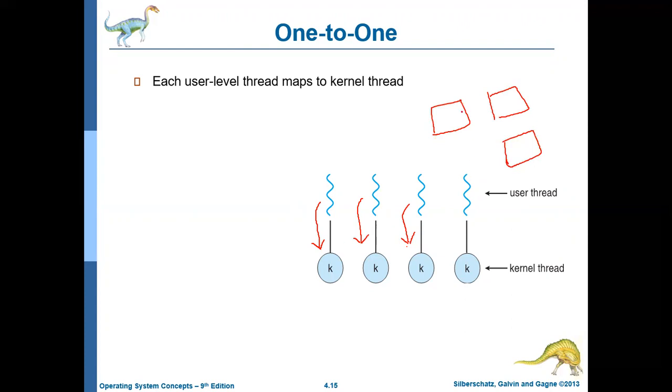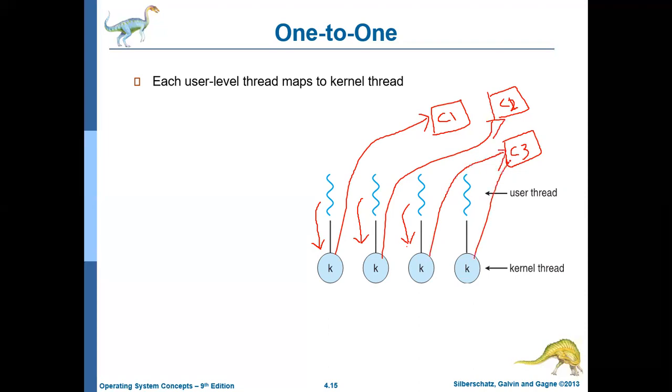So for example, if your computer has three cores, and currently these four user threads and four kernel threads are running, because for every user thread there will be a kernel thread. So maybe the operating system may connect this kernel thread with core C1 and this kernel thread with core C2 and this kernel thread with core C3. Two threads should be connected to core C3.